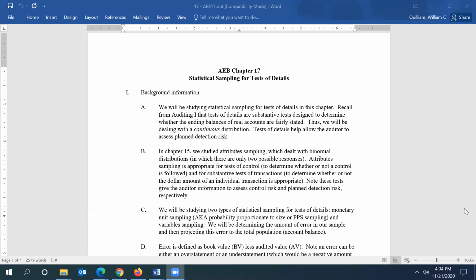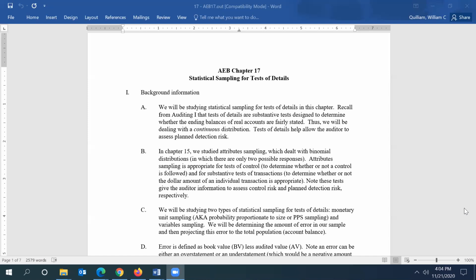So if we were auditing an individual customer's accounts receivable, we found the ending balance to be $5,000. The audited value, that is, what we think is correct. And the client has $5,500 listed on the books.